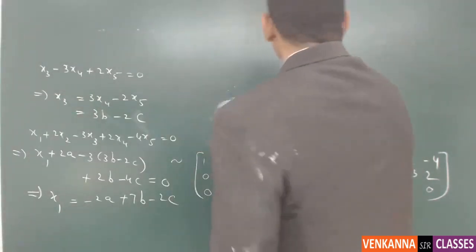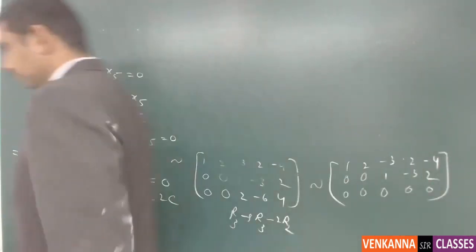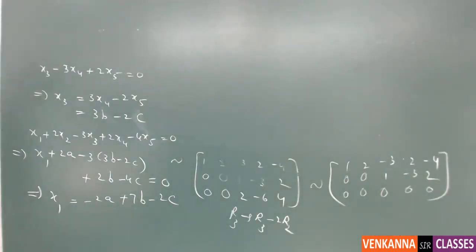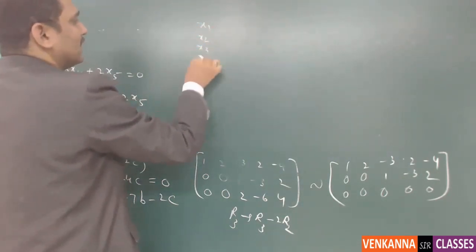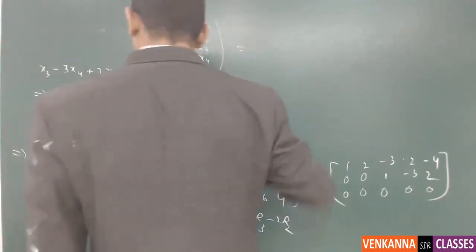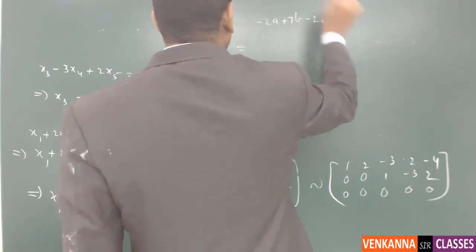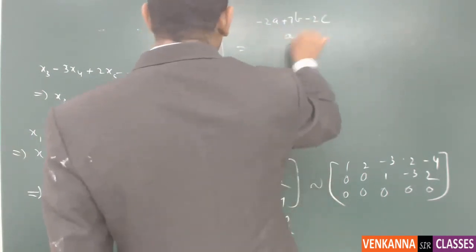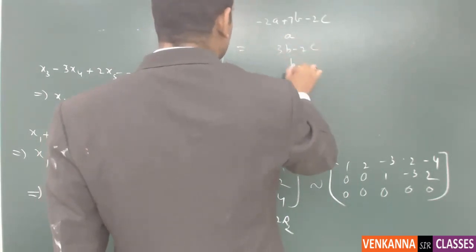I think this problem was given earlier in previous year papers. So x1, x2, x3, x4, x5: x2 is a constant a, x3 is given as 3b minus 2c, b, c.